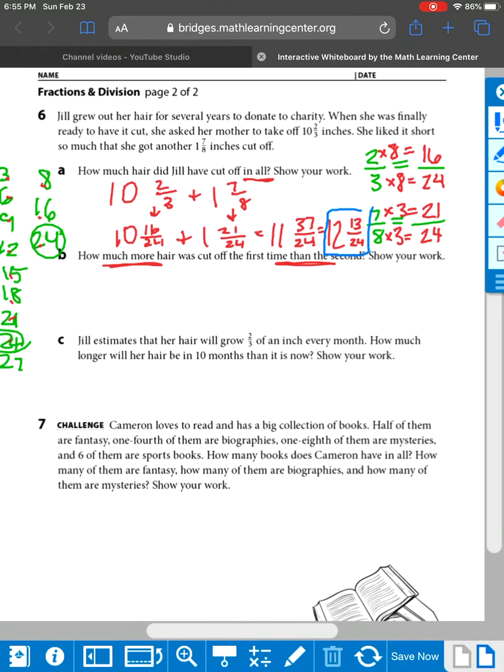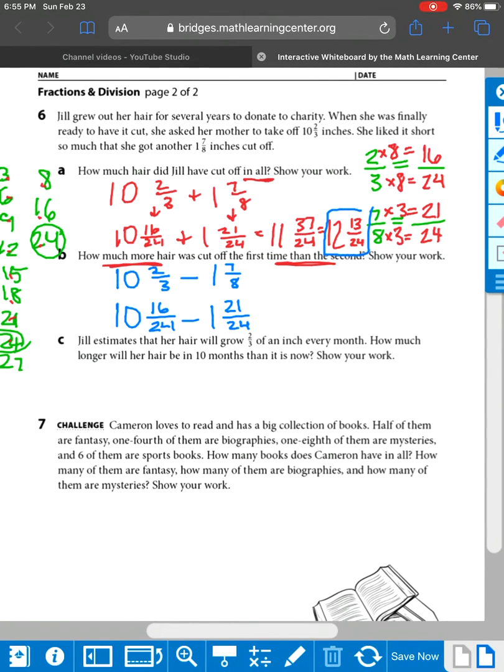For how much more hair was cut off the first time than the second, that makes me think of subtraction. So now we're going to do 10 and 2/3 minus 1 7/8. Thank goodness I've already done the hard work of finding my equivalent fractions with common denominators, because I'm just going to go ahead and use those, 10 and 16 24ths minus 1 and 21 24ths, to solve my problem.